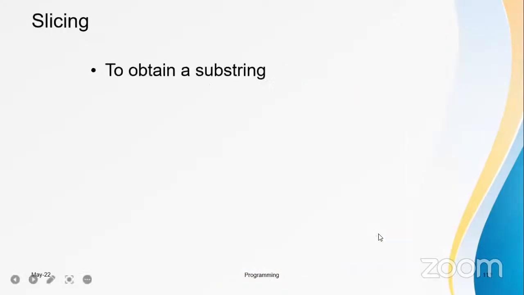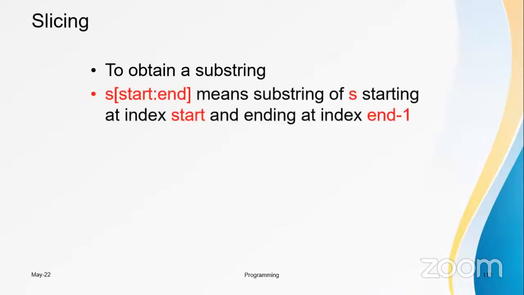Okay, indexing is over. Slicing is just cutting into small pieces: the start, end, step. It starts at the start index and ends at the index n minus 1, so while ending, it stops one step before.